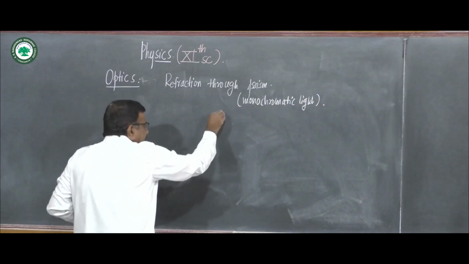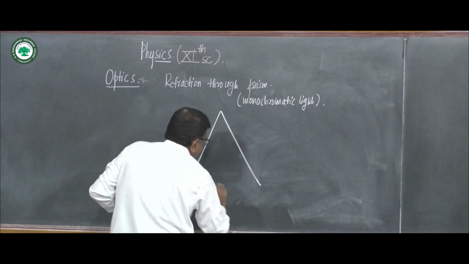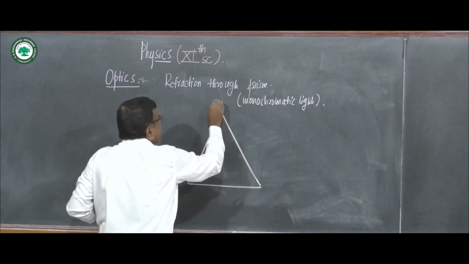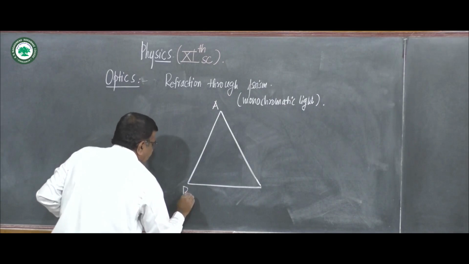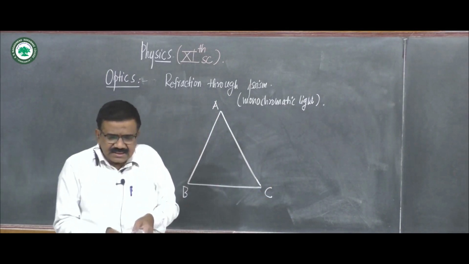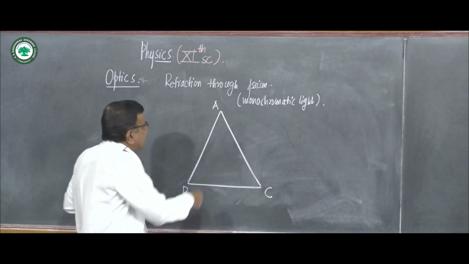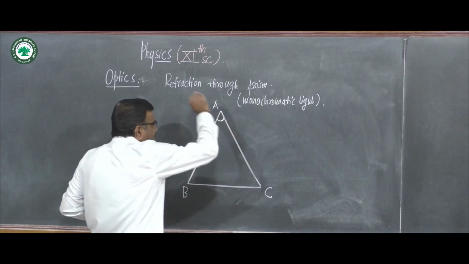Suppose this ABC is a principal section of the prism. We know the principal section of the prism is triangular in shape. This is a refracting angle of prism, we know.